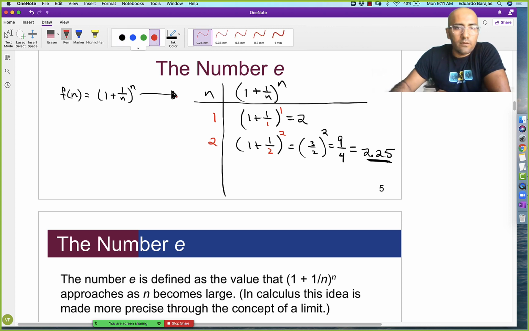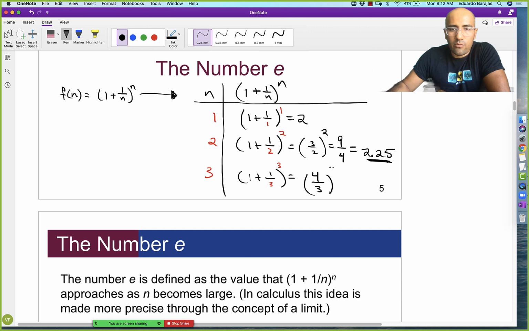Let's do one more. What if n was 3? We have 1 plus 1 over 3, raised to the third power. So this is going to be 4/3. 3 goes into 4 once, and 1 remaining makes it 1 1/3, raised to the power of 3, which makes it 4 to the third power, which is 64, over 3 to the third power, which is 27.